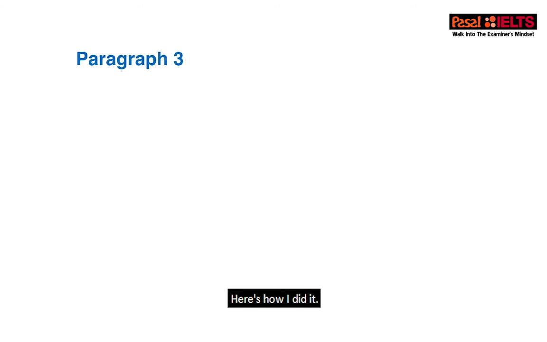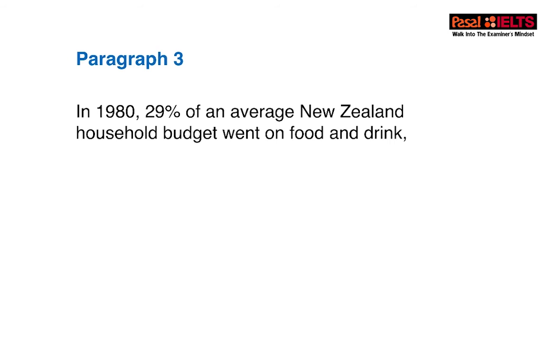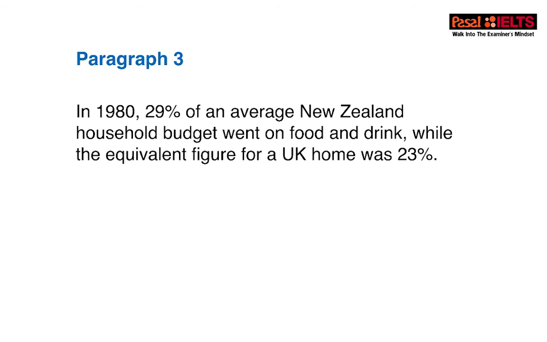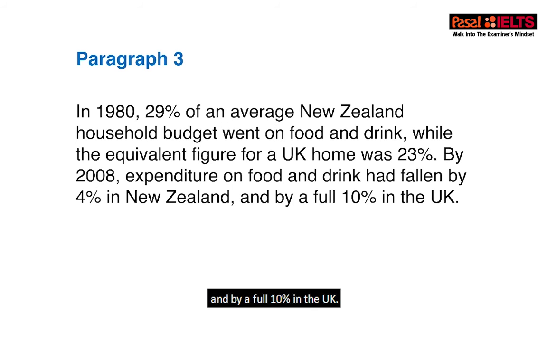Here's how I did it. In 1980, 29% of an average New Zealand household budget went on food and drink, while the equivalent figure for a UK home was 23%. By 2008, expenditure on food and drink had fallen by 4% in New Zealand and by a full 10% in the UK.